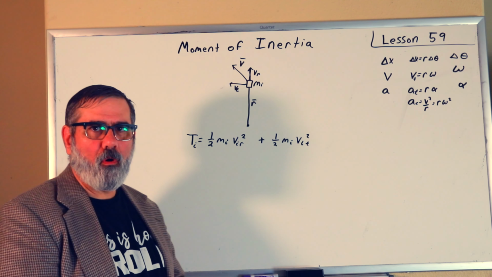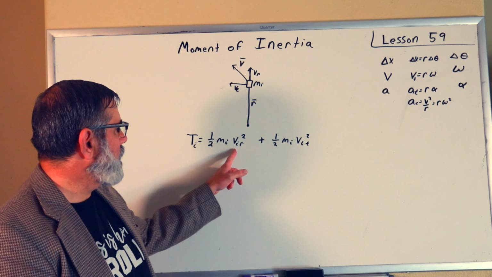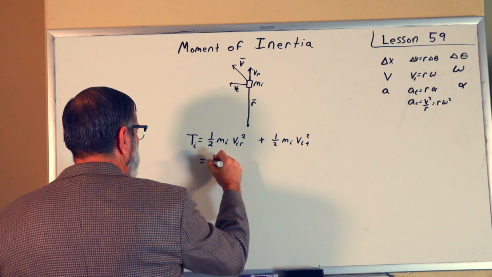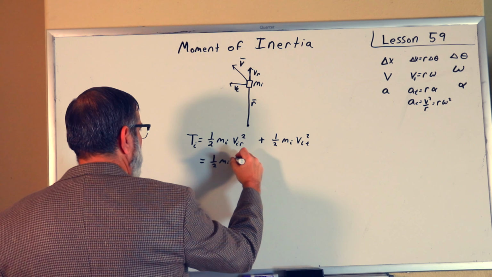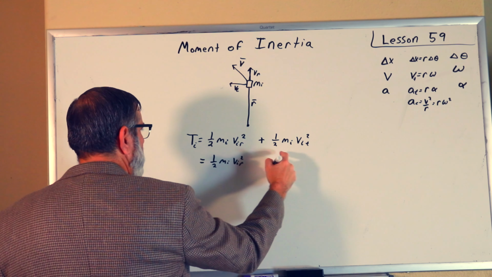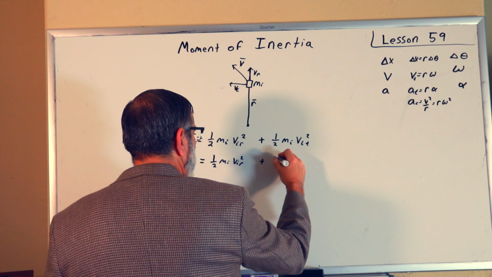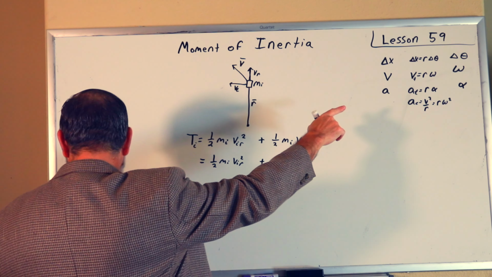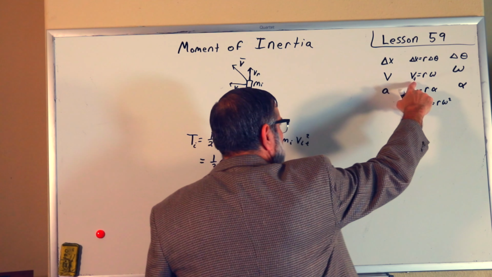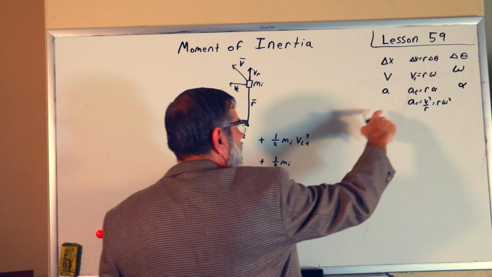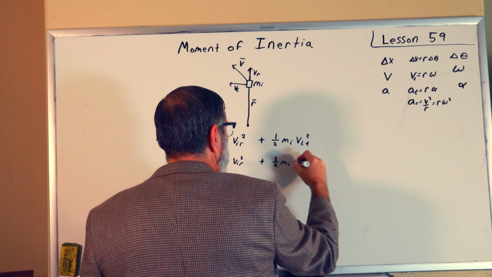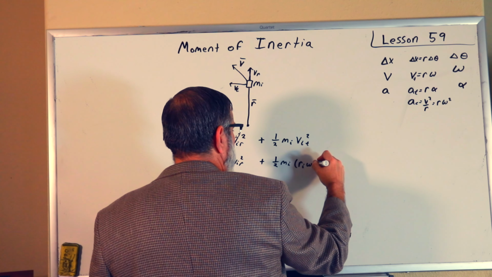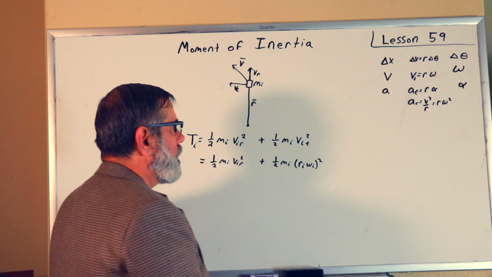This is just the usual formula for kinetic energy, but I've broken up the radial and the tangential components of the velocity. There's not much to do with the radial component, but for the tangential component, 1/2 mass, we can use the formula up here that v sub t is equal to r omega. And so this will become r sub i omega sub i quantity squared.